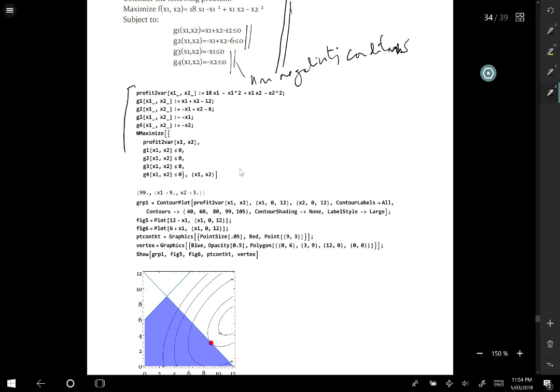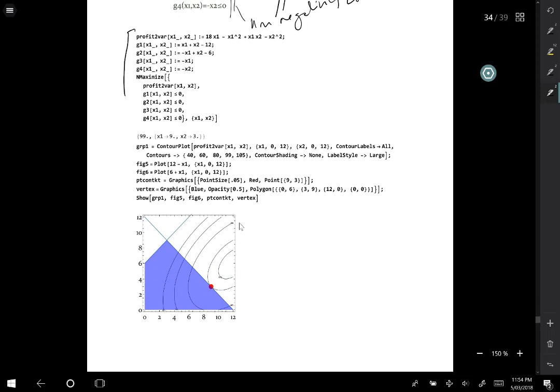We can find a solution directly through NMaximize, and then we plot it out in this diagram here, and we find that constraint G1 actually defines the solution, and it's got one of these points of tangency between a contour plot and a constraint line, and the second constraint G2 plays no part in the optimal solution.